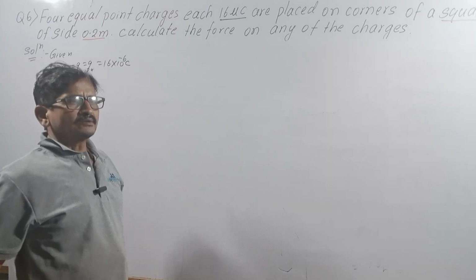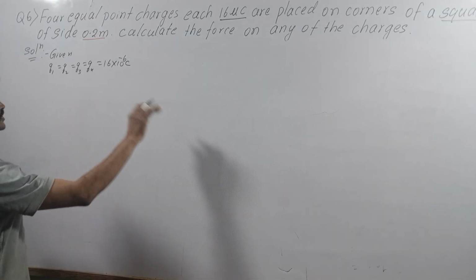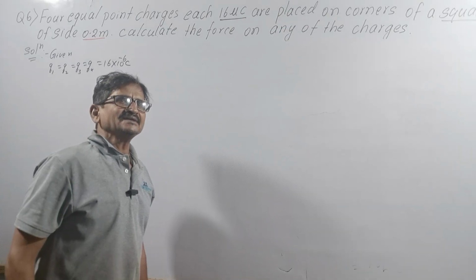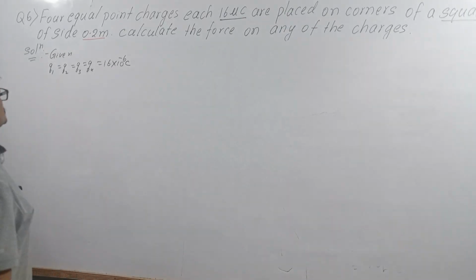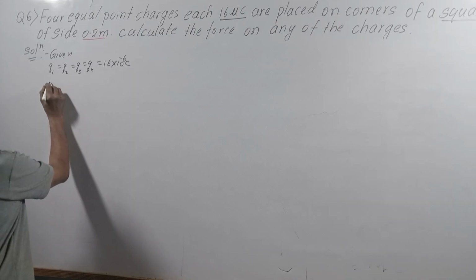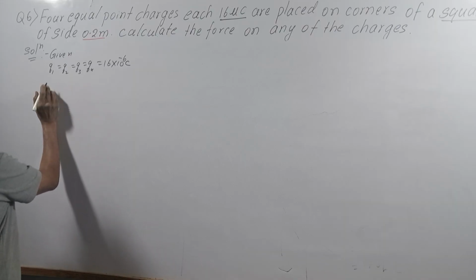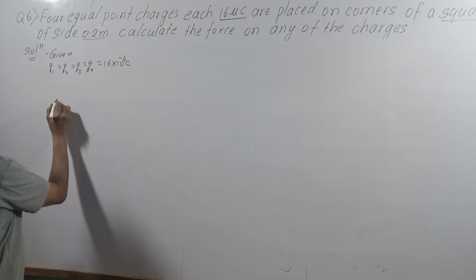These four charges are placed on the corners of the square. On each corner one charge is placed, and its side is what? I'll draw the square here.